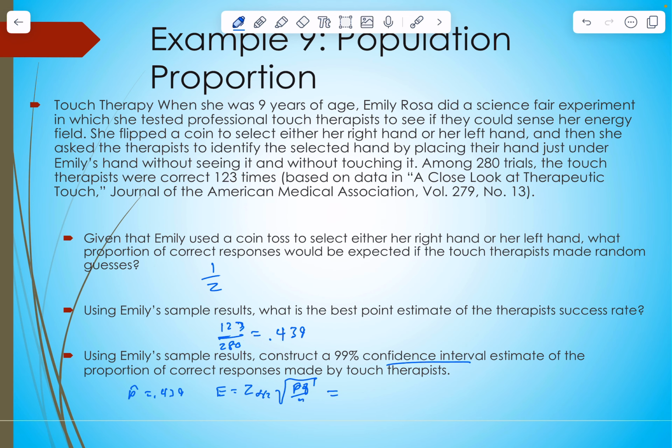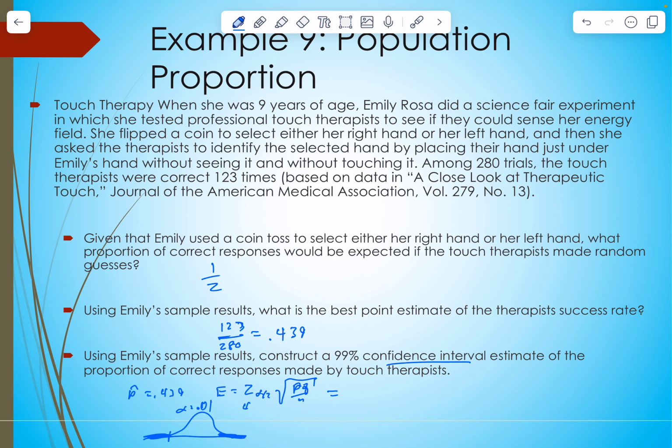Okay, now in order to find my critical value, I am looking for 1%. So alpha is 0.01. So I want to find area. So 1% of the area needs to be outside of my critical numbers.